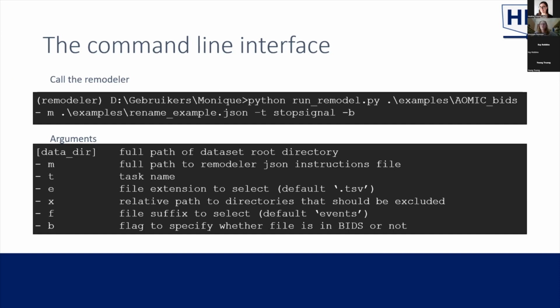You can also provide it with the task name if this is necessary, if you are only interested in investigating specific tasks. And you can specify that it's a BIDS directory, because it's also possible to run it on a folder that simply has some event files, if you prefer this in an early stage of doing event processing.